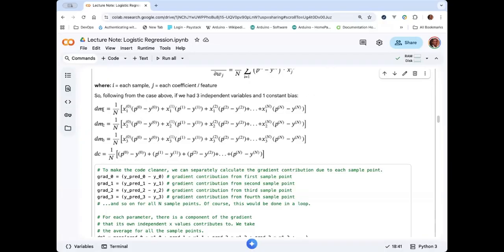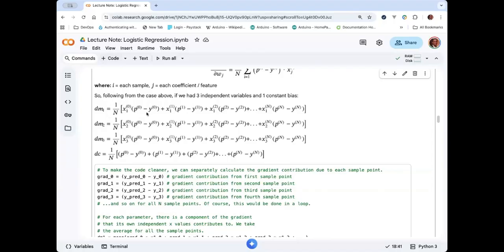The only main difference between multivariable linear regression and multivariable logistic regression is the sigmoid function. That's the first difference, which changes the way your output gets mapped to probabilities. The second is that you are using negative log likelihood to calculate your cost function. Those are the only two differences. But the gradient is calculated exactly the same way.